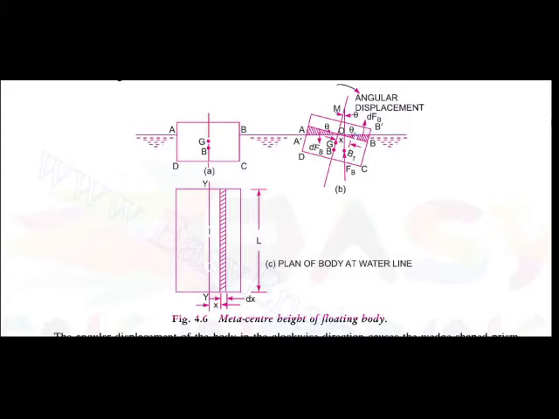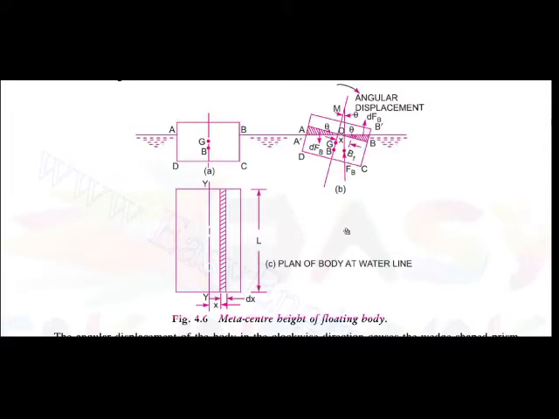So over here consider one strip. This strip is at the distance of x from here to here, on the right side, and the thickness of this is dx.